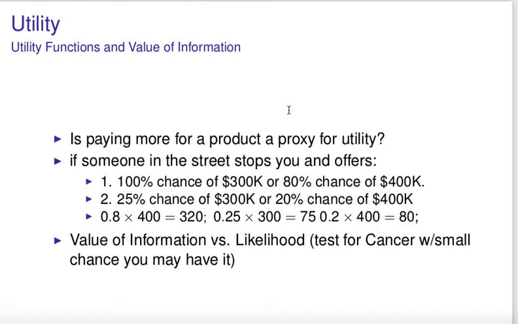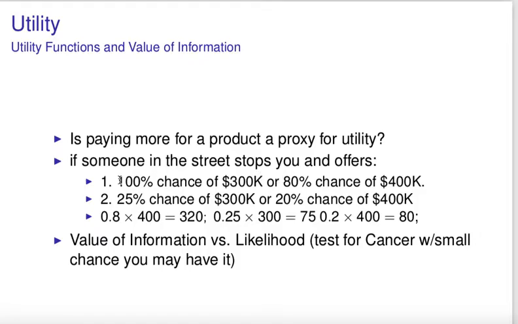Now, for example, if someone in the street stops you and says, I'm going to give you 100% chance of $300,000. So I'll give you $300,000, 100%, or I can give you $400,000, but with an 80% chance. What would be your decision?